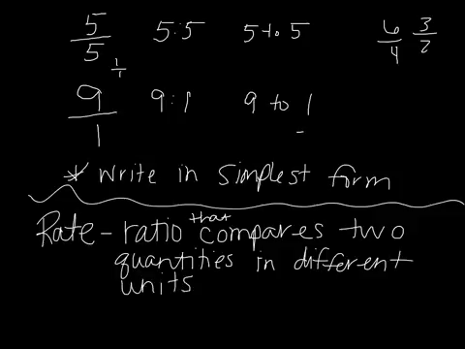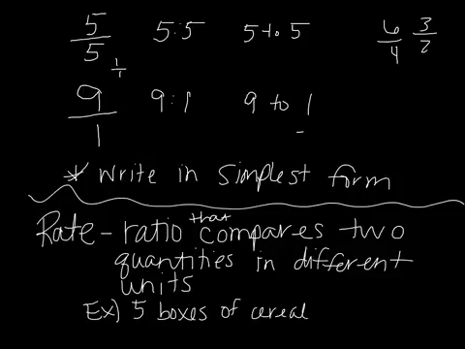For example, let's say I have 5 boxes of cereal, and we're going to compare that to the fact that it cost us $12. So we have 1 unit, which is 5 boxes, and our second unit, $12.